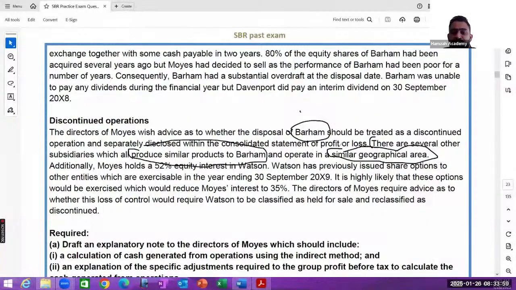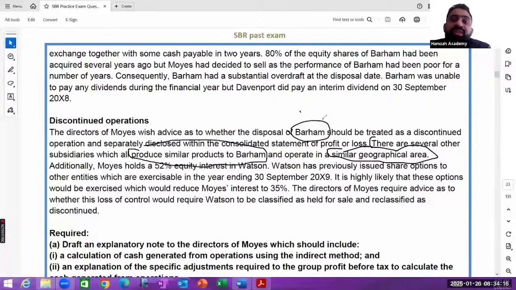So that means withdrawing from the selling of B does not constitute withdrawing from a product or withdrawing from a geographical area.